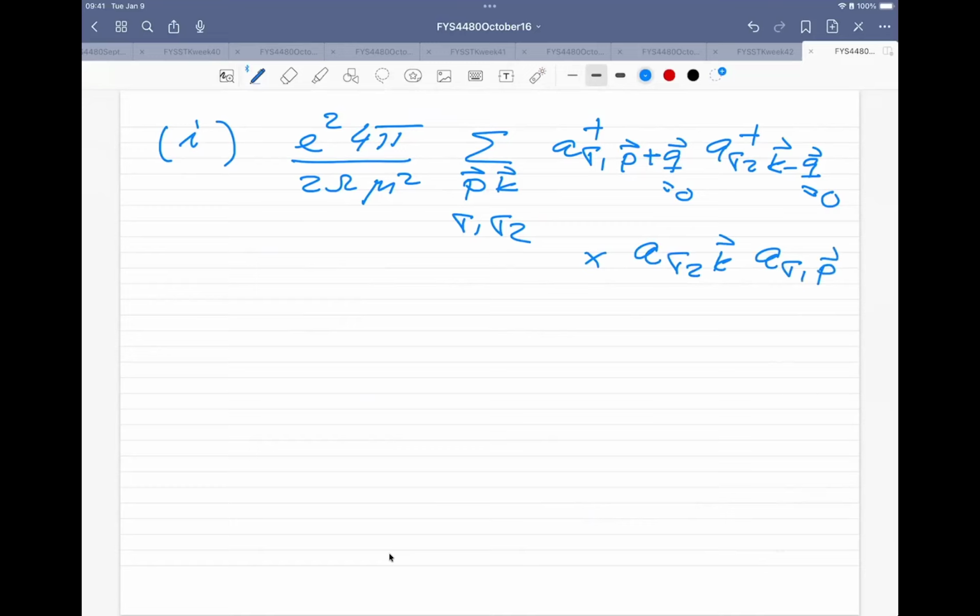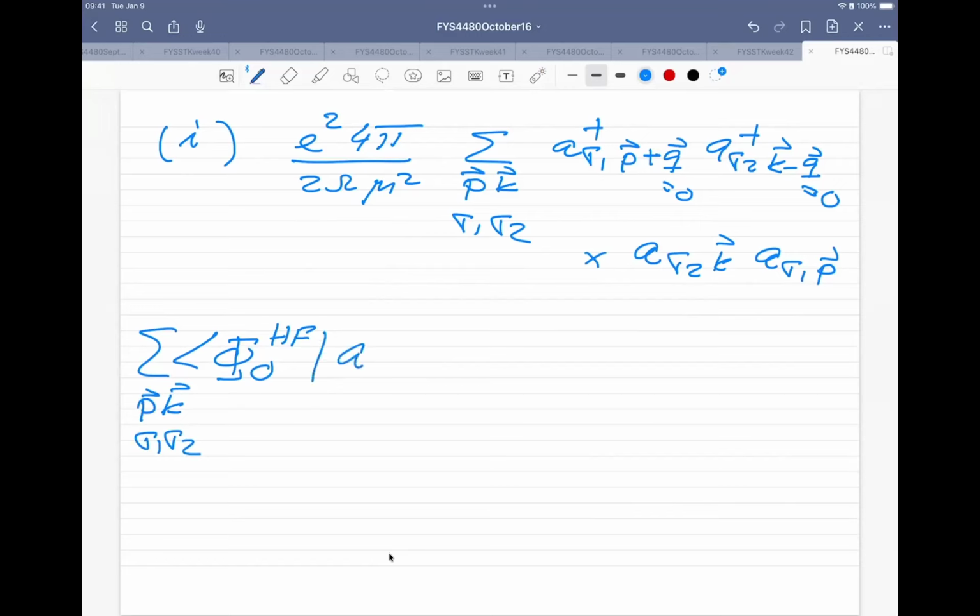So now we're going to calculate the expectation value. When we calculate the expectation value, the only thing we need to look at now, if we just leave out this constant in front of it, is the expectation value of this quantity here. We have the Hartree-Fock ground state. There is a sum over P and K and sigma 1, sigma 2 here.